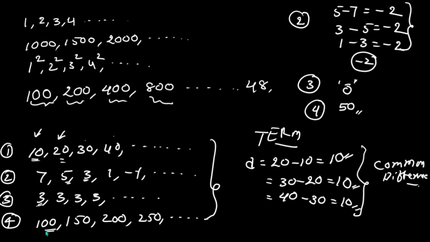Any other number, you get just by adding the common difference to the previous number. So an arithmetic progression is a list of numbers in which each term is obtained by adding a fixed number to the preceding term, except the first term.